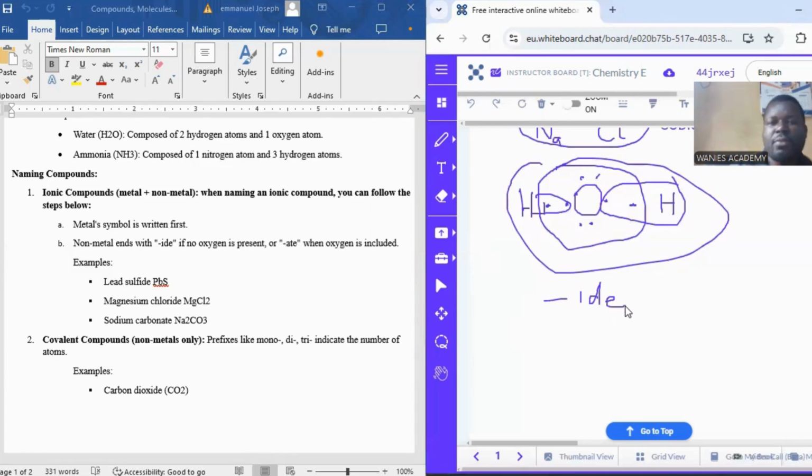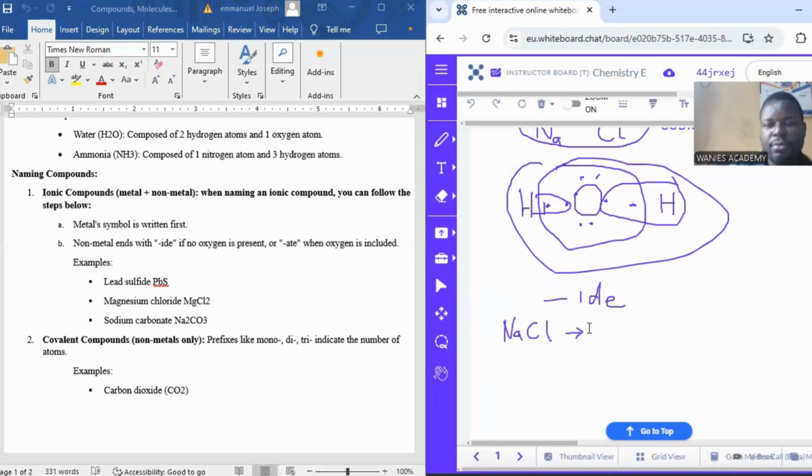Take for example, up there we have what we call sodium chloride, right? You have Na and then Cl. If you check your periodic table for this, Na is sodium. So you just write out your metal as sodium.